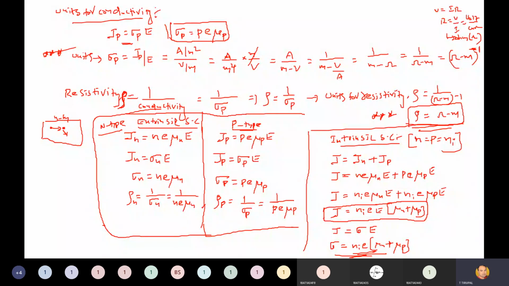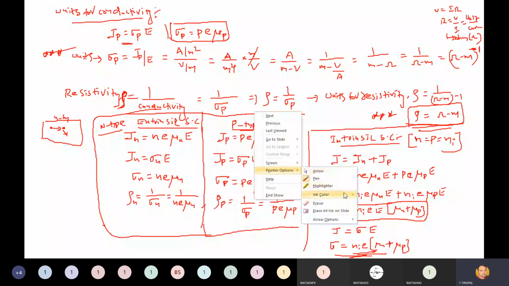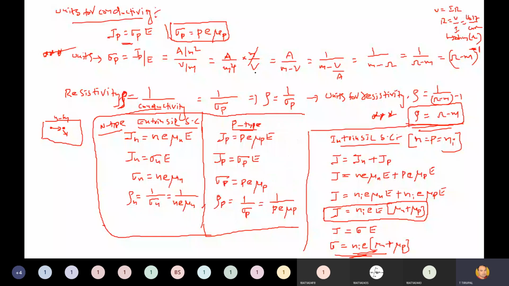Now here is one important thing you need to study again. Resistivity can also be written in another form.